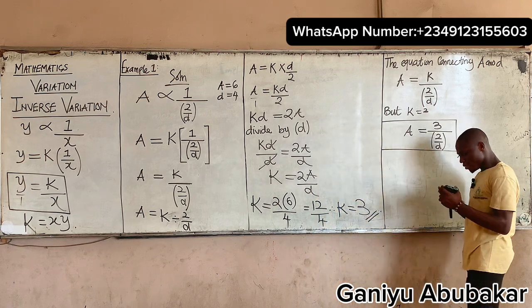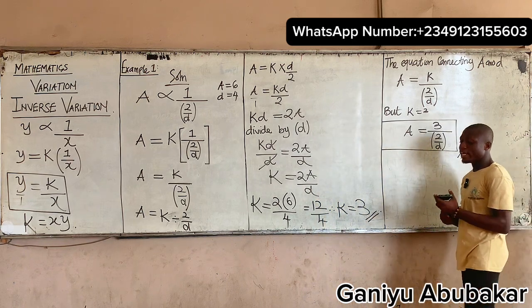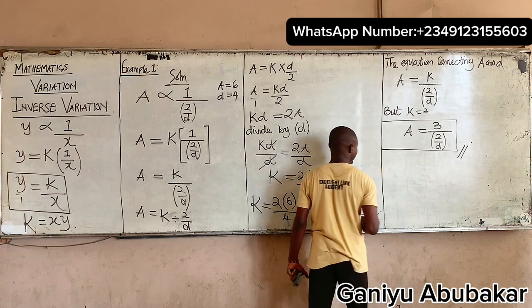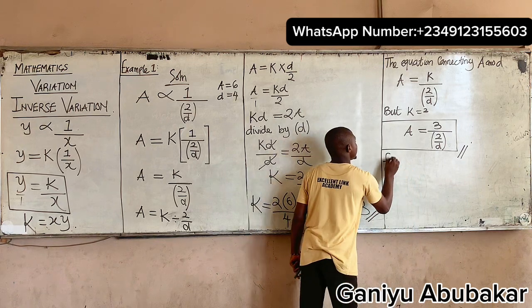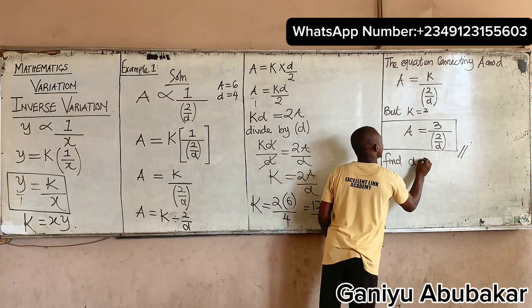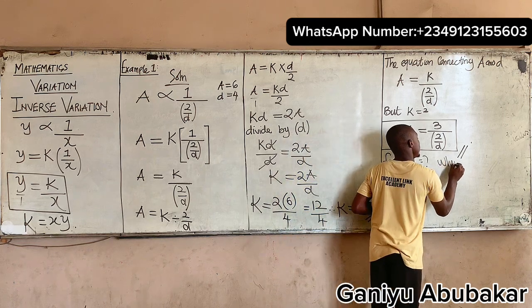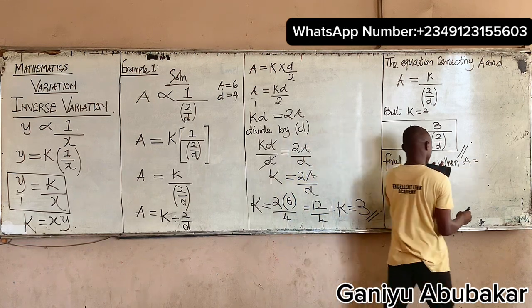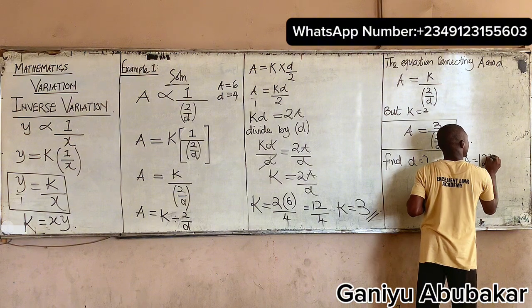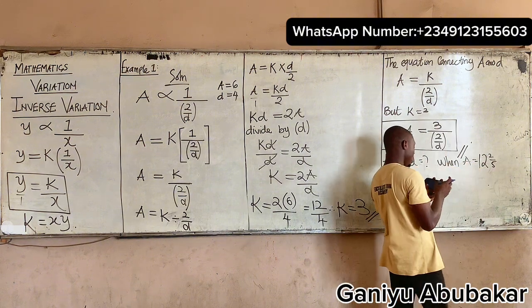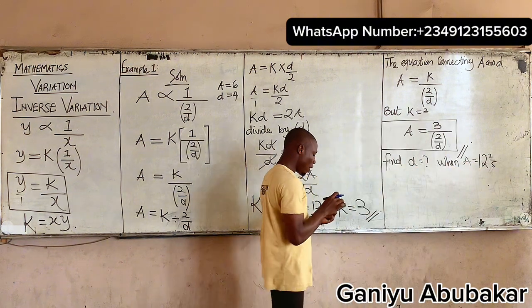Next up, it says find d when a is equal to 12 whole number 2 over 5. It's easy, right? What do you do in this case?